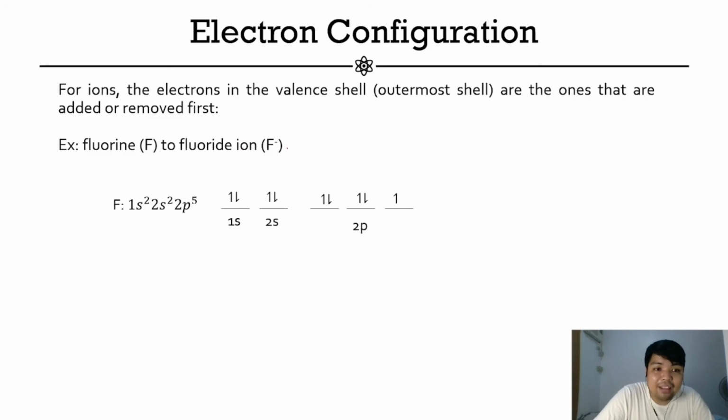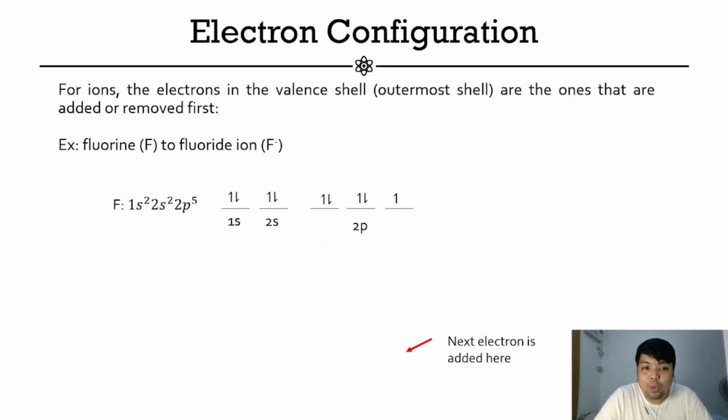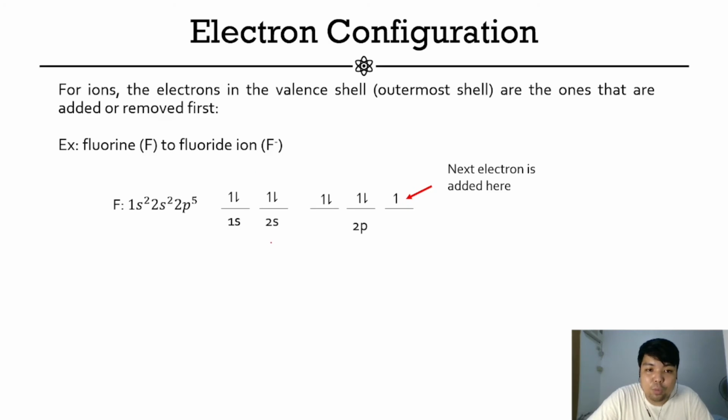And so where will the electron be added? It will be added on the outermost shell, which is what we call the valence shell. Since the outermost orbital of your fluorine is 2p, when it becomes fluoride, we add to this 2p orbital wherein there is an unpaired electron.